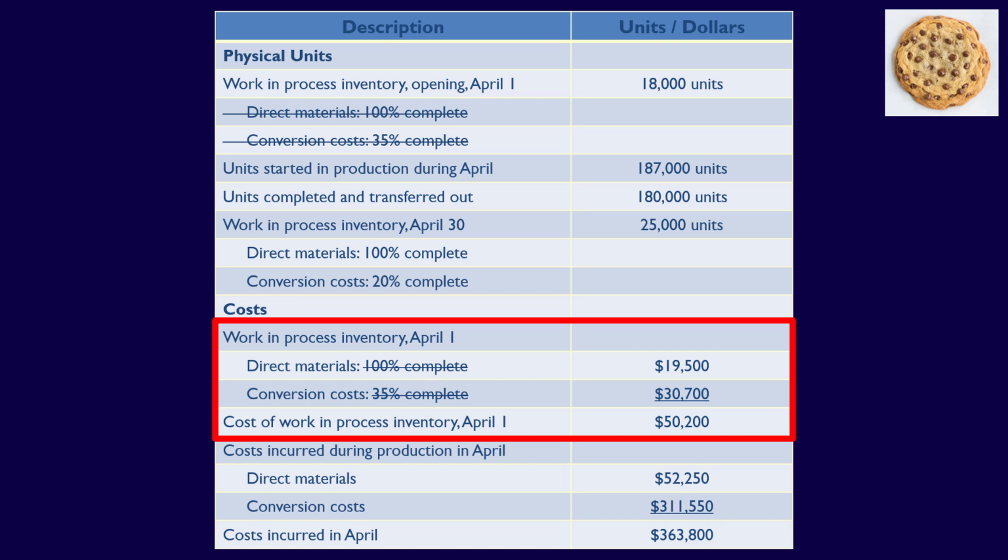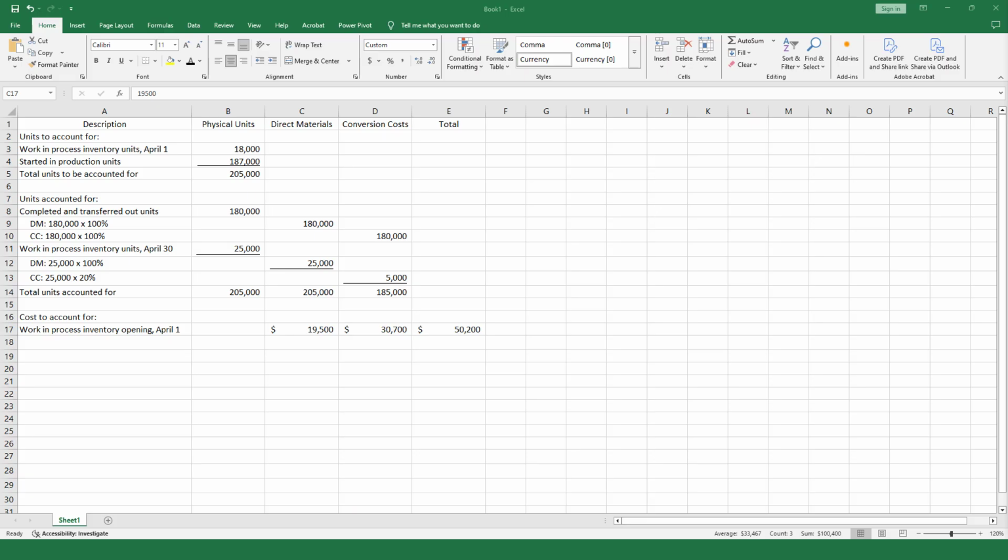We use the total amounts, but not the percentages. We enter $19,500 under column C, direct materials, and $30,700 under column D, conversion costs. In addition, we now include the total costs incurred under column E, $50,200.